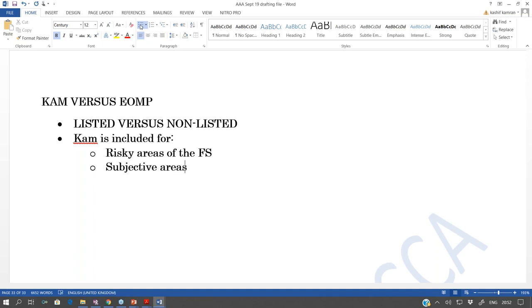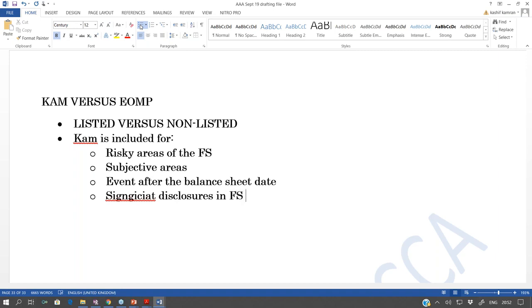CAM is included for events after the balance sheet date. CAM is included for significant disclosures in financial statements. But they have to be positive, right?